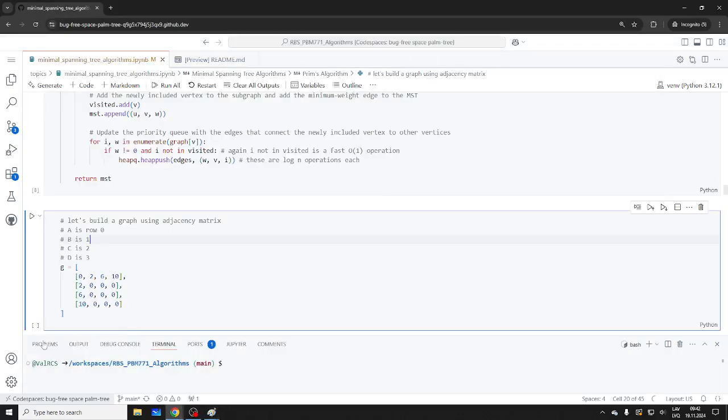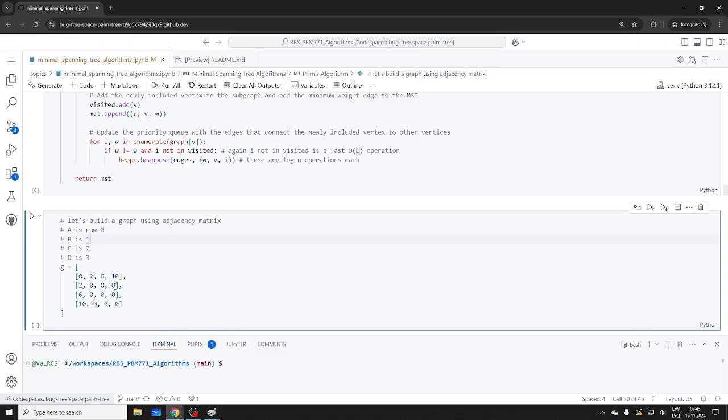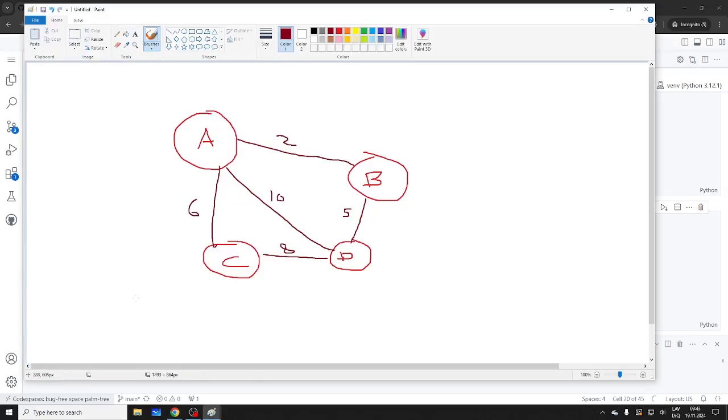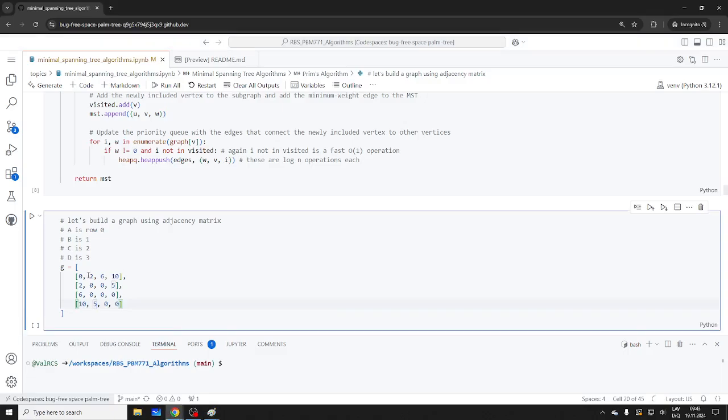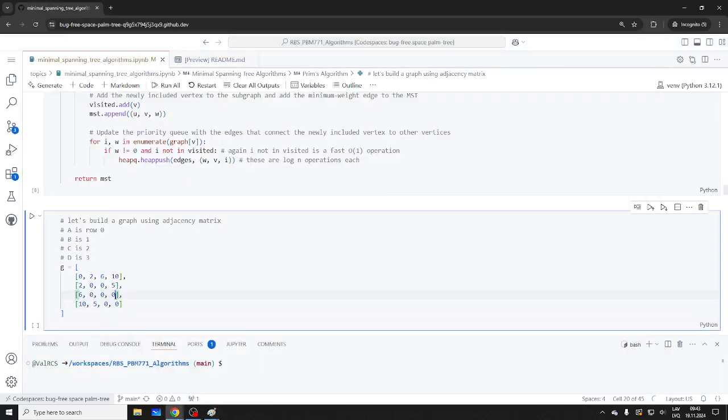B to D is 5. And finally, that's 1, 2, 3, 4, and we need one fifth one, 8. C to D is 8.